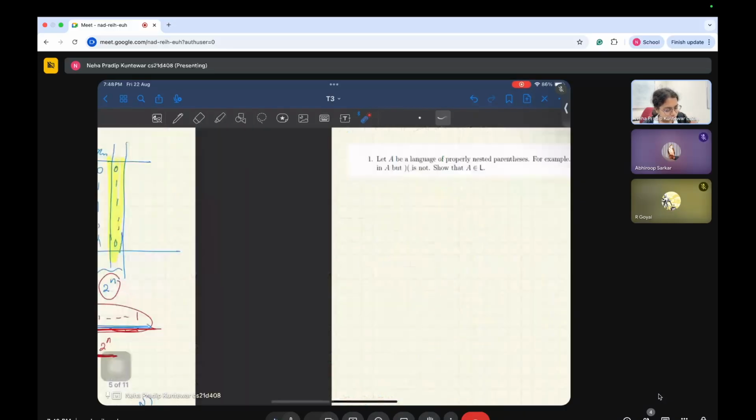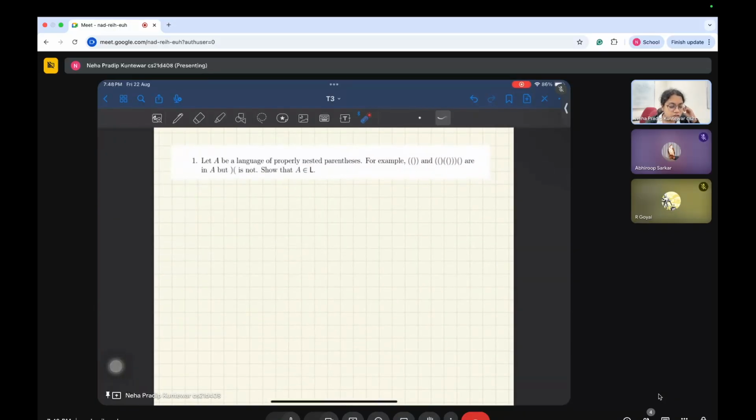Now we'll do some quick examples. Let's say you have this language A, which is the set of all properly balanced parentheses. Can you show that it is in L? Yes, because I just need to keep the counters only and not the actual values.